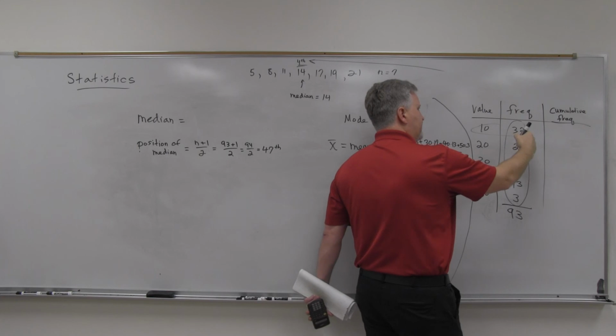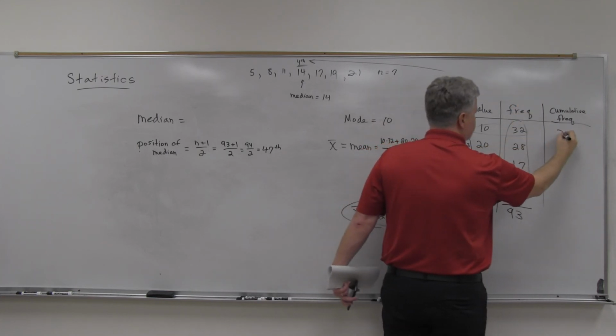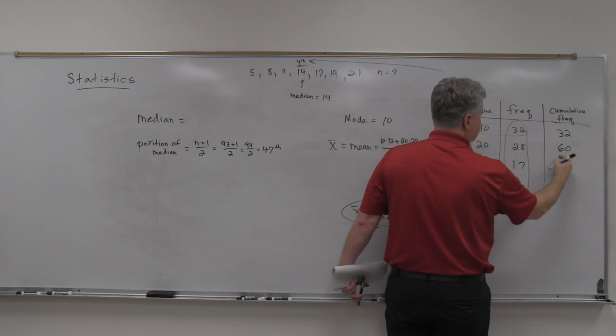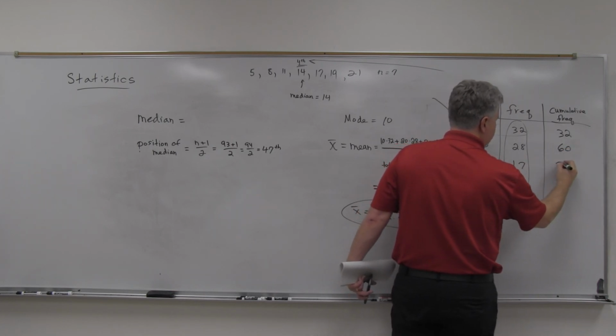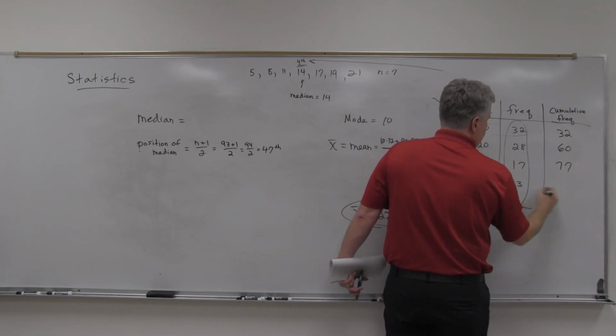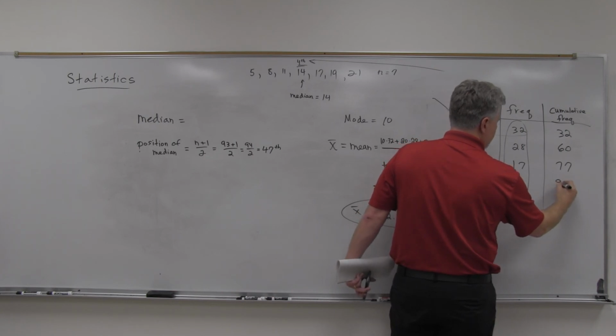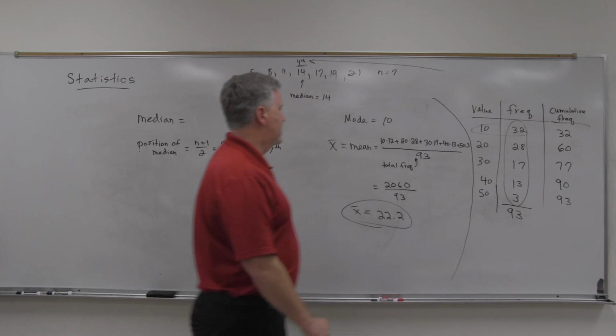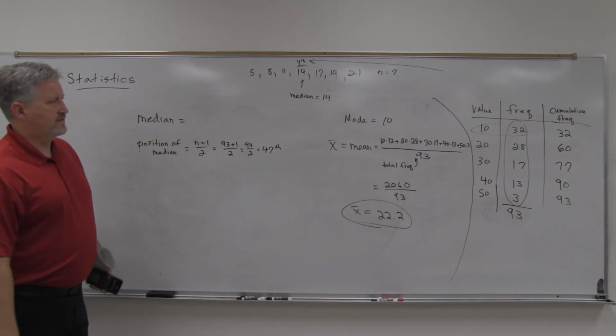So it's just adding up frequency plus the ones before it. 32, 28, 32 is 60, and then 60 and 17 is 77. 77 and 13 is 90, and then 93. So that's my cumulative frequency. Which one's in the 47th?